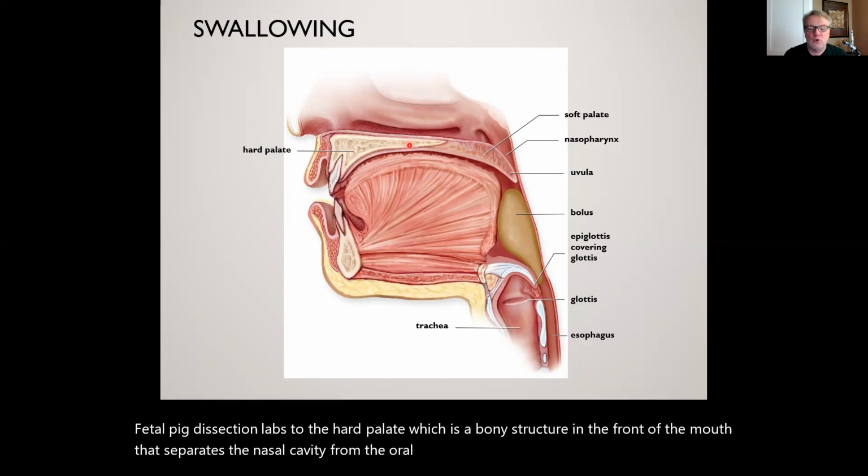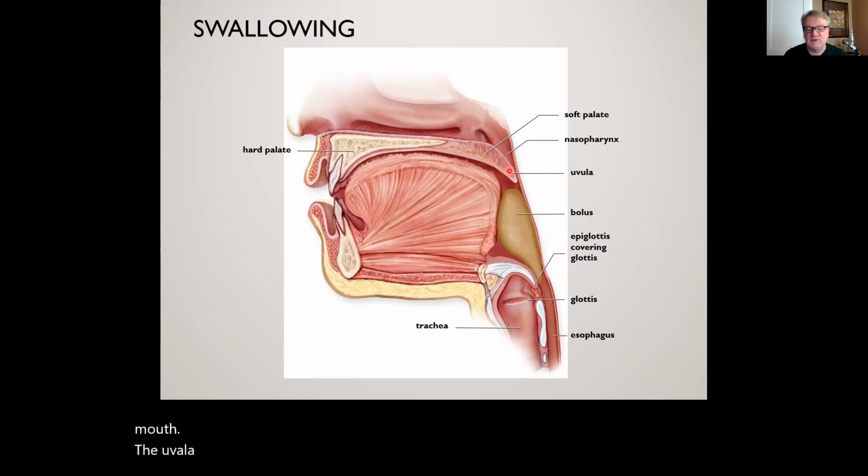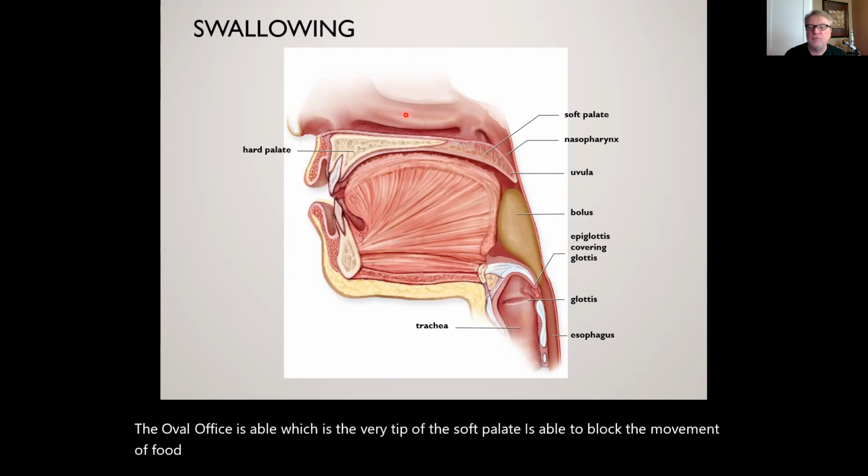As we go posterior to that, we end up with the soft palate, which has the ability to flex so that when food comes back to the mouth, the uvula, which is the very tip of the soft palate, is able to block the movement of food into the nasal cavity.